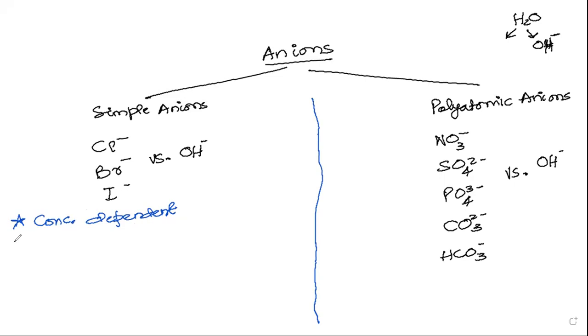So what happens if it's concentrated? For concentrated halide solutions, halogens are formed at respective electrodes.